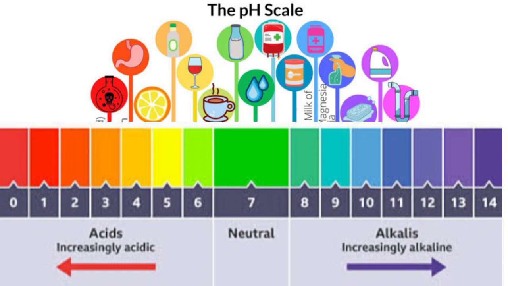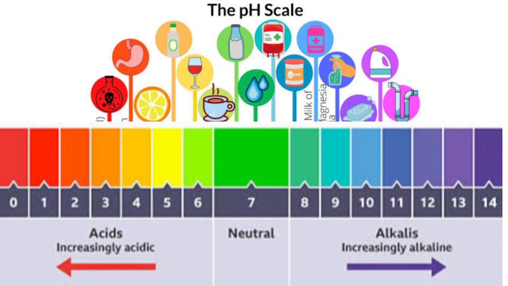But children, if you move from the neutral, from 7 to the right side on this scale, it means it is a base. And similarly, if you move from the left side of the scale, from the neutral point, it will go in the acidic way.